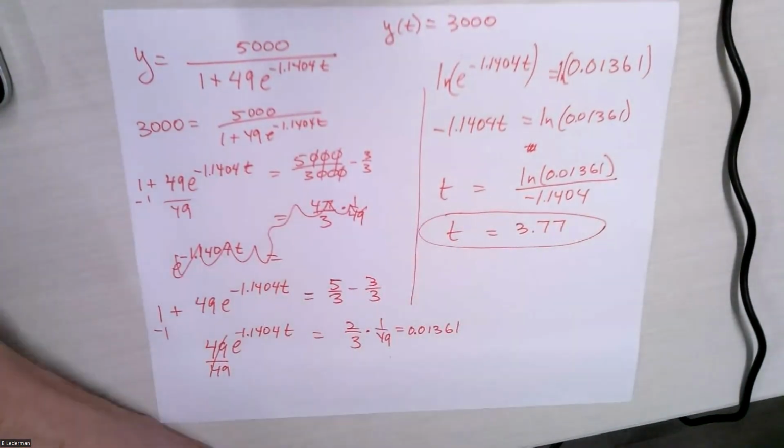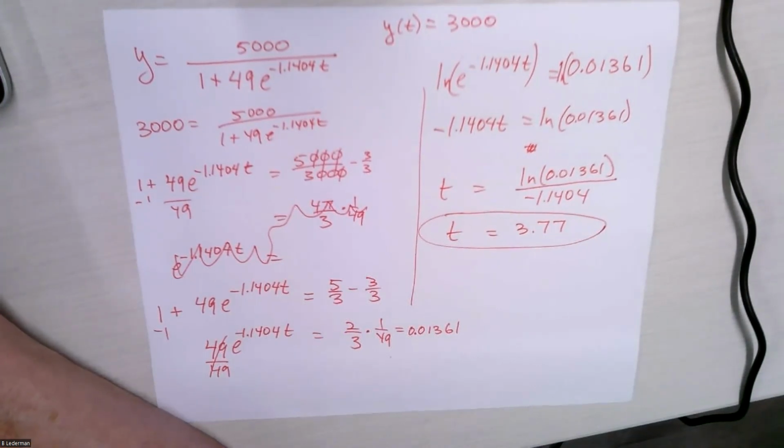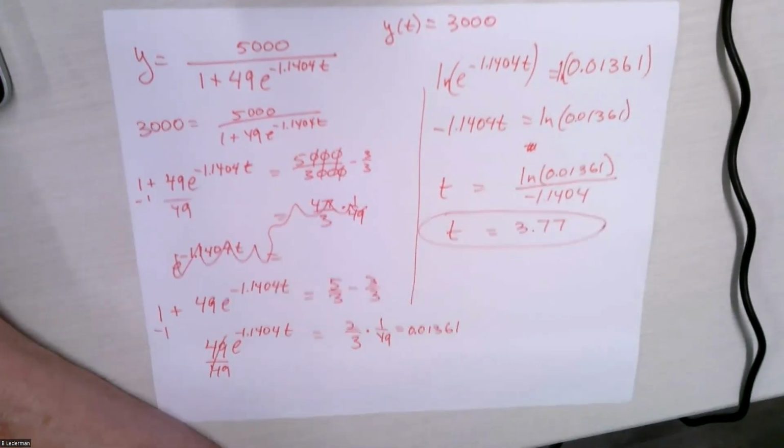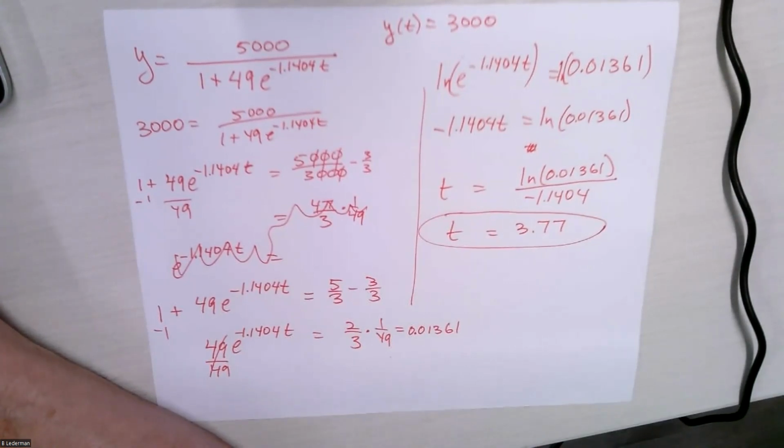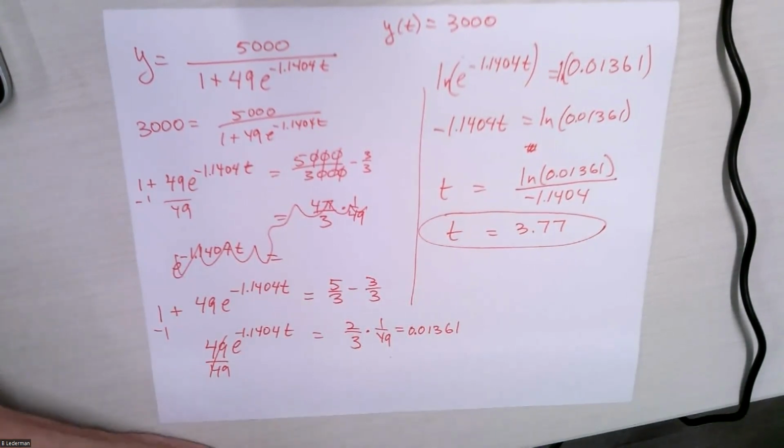So it's going to take 3.77 years to reach 3,000. So those wolves are gonna have to wait for a while. What can I say? Sometimes you gotta be patient.